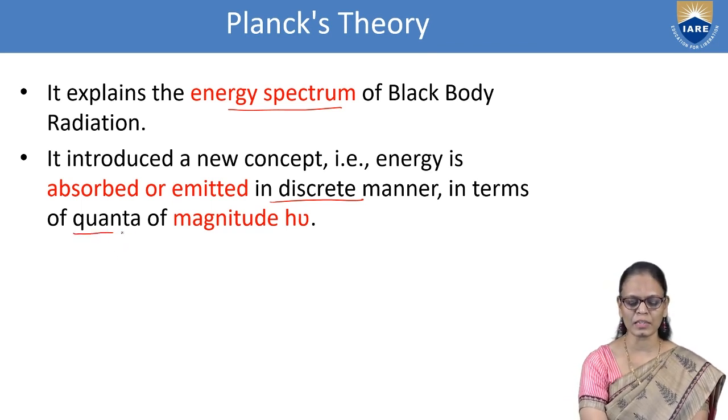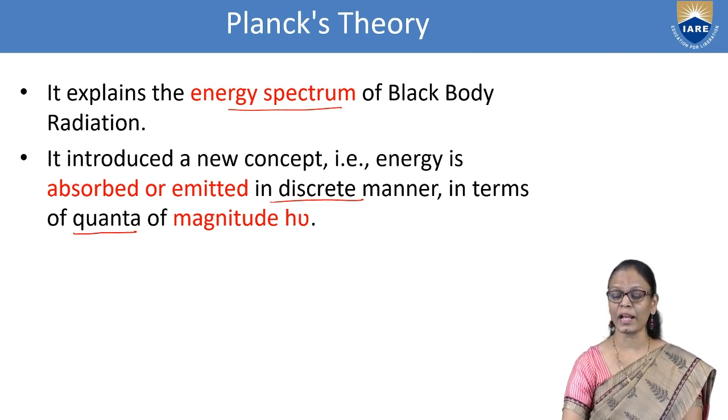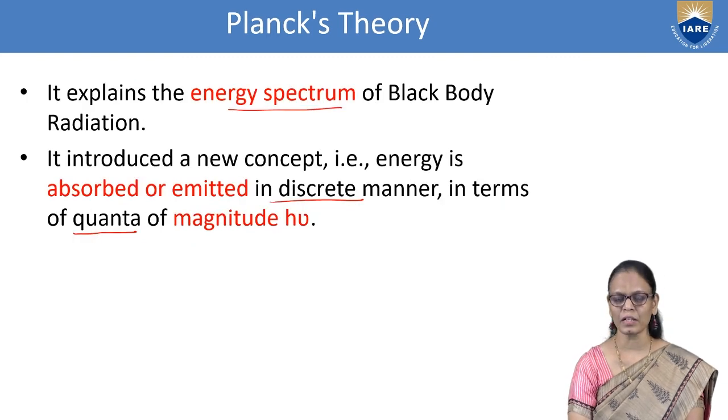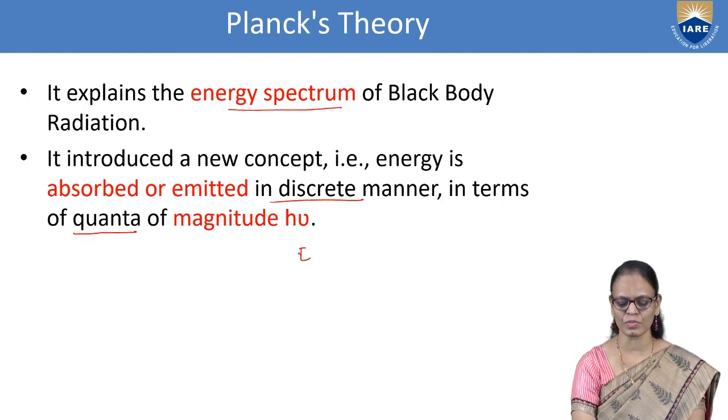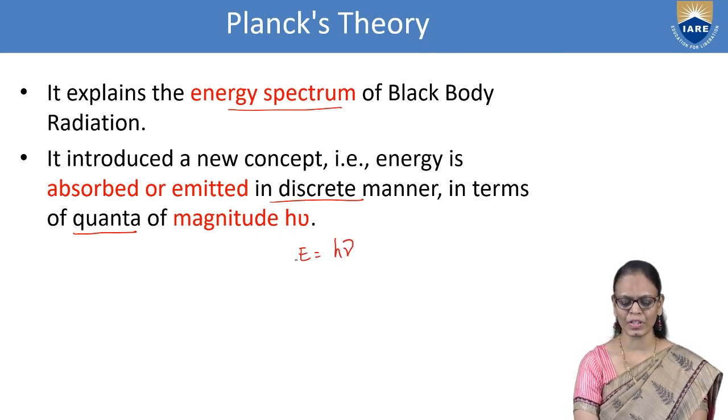Quanta here is nothing but a packet of energy, and the energy of each packet is given by E equal to h nu. So E here is the energy of a photon, which is an integral multiple of h nu.